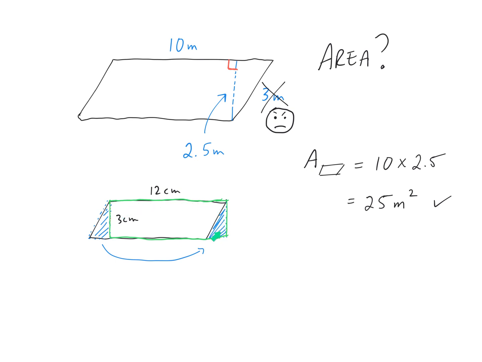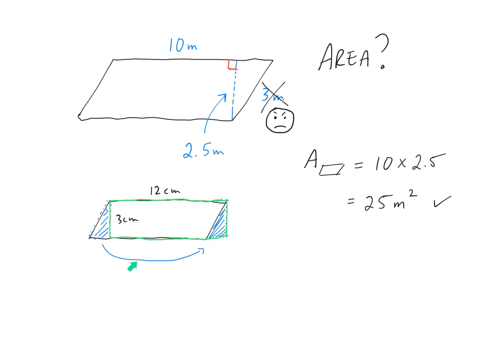Well, how do we find the area of a rectangle? It's the horizontal measurement by the vertical measurement. So this green rectangle here, as we can see, is simply 3 by 12. So originally it was a parallelogram, but when I cut this piece off and moved it over here, I've now created this green rectangle, and they take up the same amount of space.